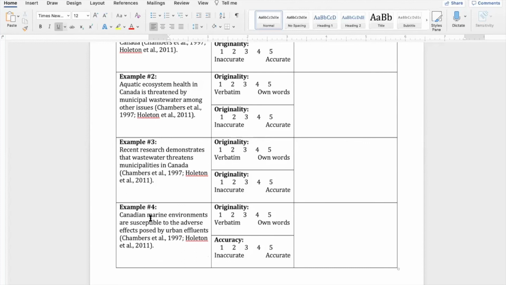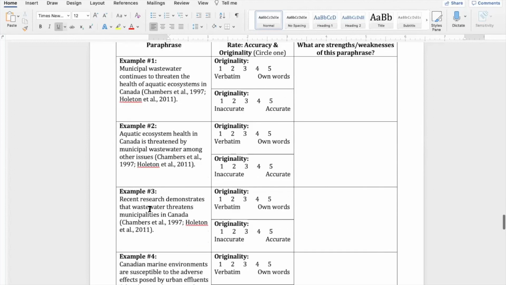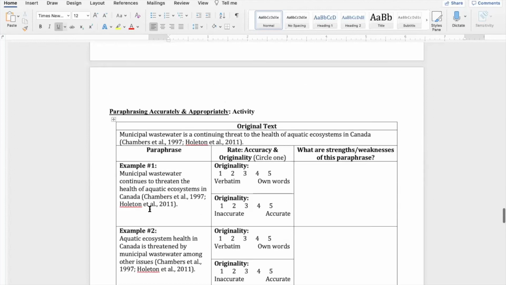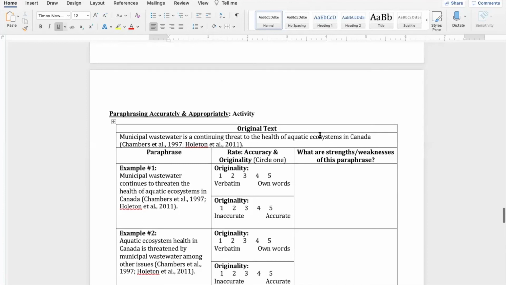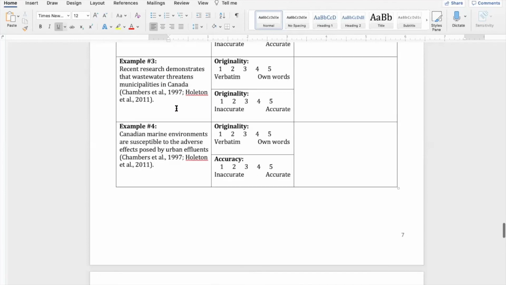And then Canadian marine environments are susceptible to the adverse effects posed by urban effluents. So this one is the most different from the first one. And yet it may not be accurate because when they say aquatic ecosystems, marine typically invokes sort of ocean environments.